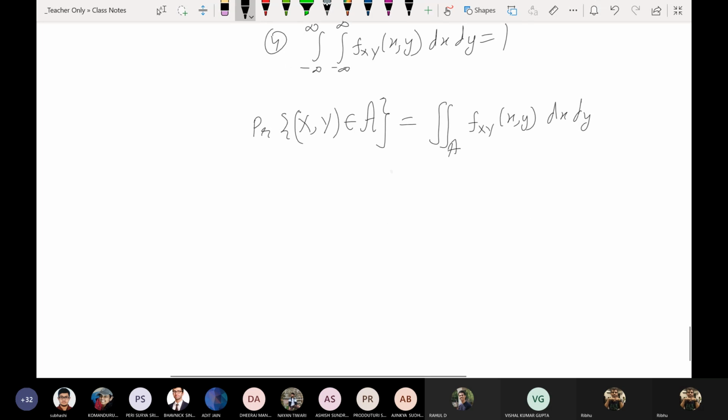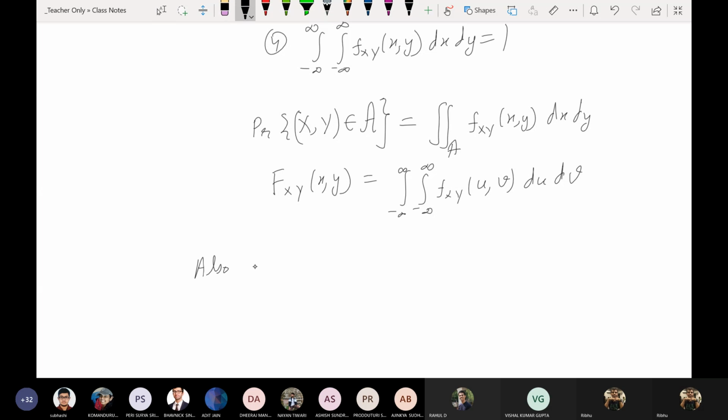Fine, and also f y given x. Sir, shouldn't that be minus infinity to x and minus infinity to y? Yes, sorry, my bad. Minus infinity to x and minus infinity to y.